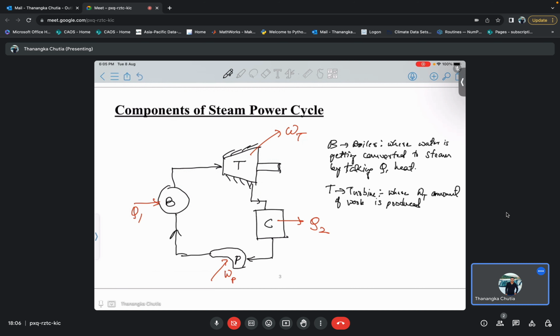Then after that there is this condenser. This stands for the condenser.